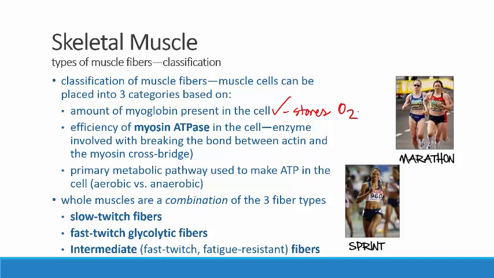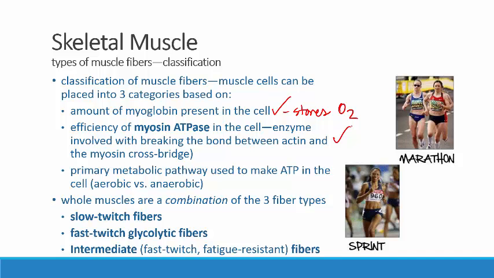This is the enzyme that's involved in breaking the bond between the actin and the myosin cross bridge, that head on the myosin molecule that reaches up and makes connection with the actin molecule. So that's the second way that it's classified, is how efficient it is, how quickly it does that breaking.